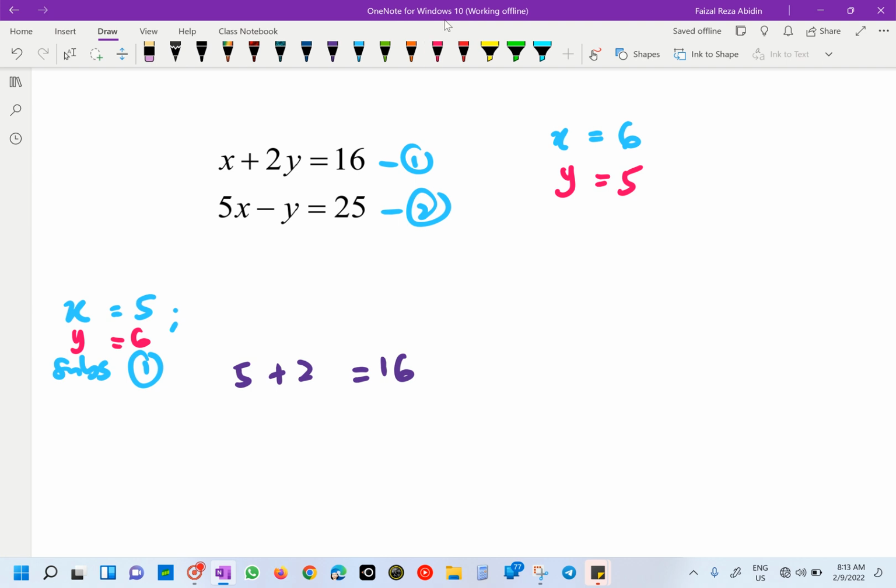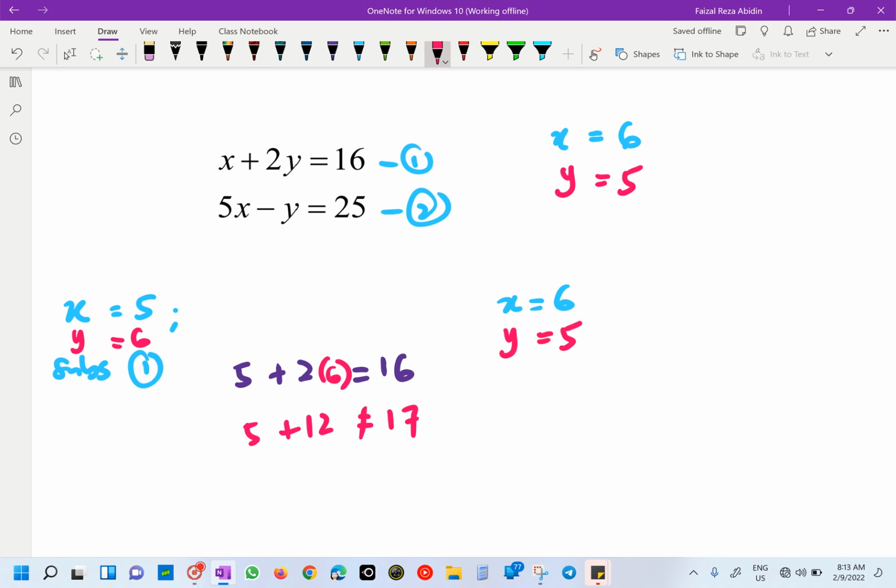So y here is going to be 6. So 2 times 6 is going to be 12, plus the 5 over here. So you are not going to get 16. So this is wrong, right? So you improve. Try again. This time you make x equal to 6, y equal to 5.